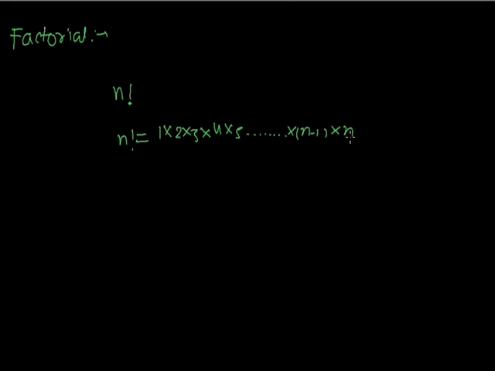For example, 5 factorial is 1 into 2 into 3 into 4 into 5, which is equal to 120.